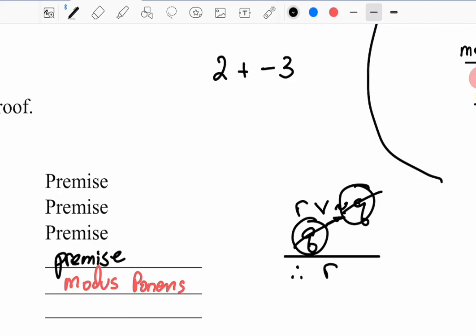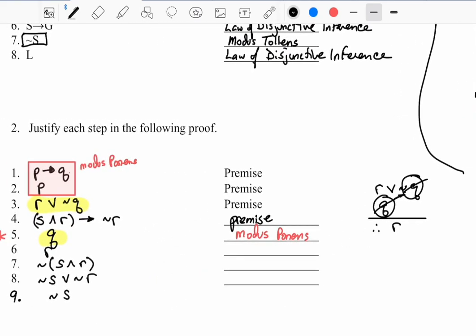If I combine that with a positive 3, these would cancel out and leave you with just a 2. They're opposite. It only works for the or, but it's still something you can hang your hat on. So this is the law of disjunctive inference.